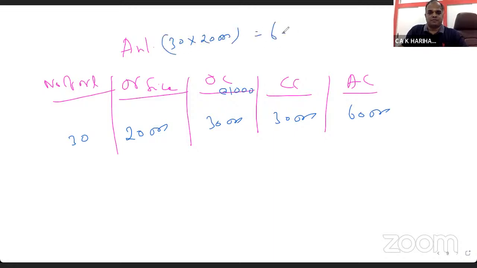Therefore, 6 lakh units or kgs is the annual requirement. Got it? Such a beautiful problem, or not? All of you comfortable?